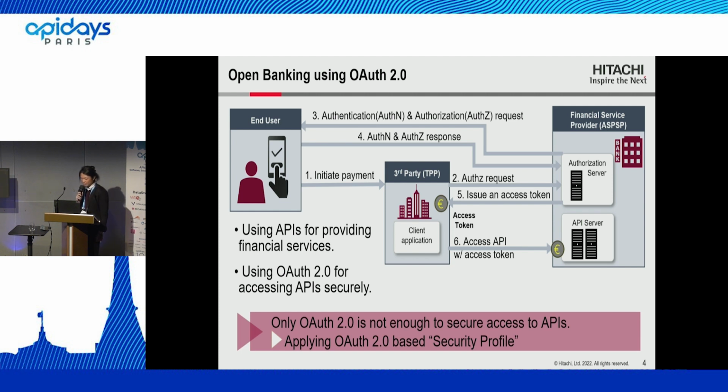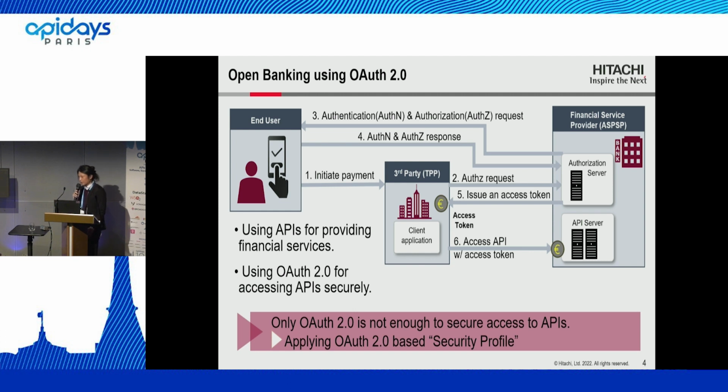However, only simply applying OAuth 2 protocol is not enough to realize secure API access in open banking use cases, because this OAuth 2 protocol is very flexible. Therefore, if we use it improperly, we may introduce security holes for this open banking use case.